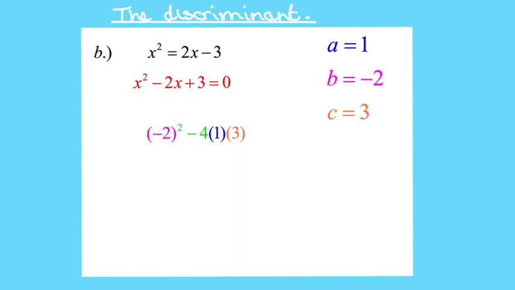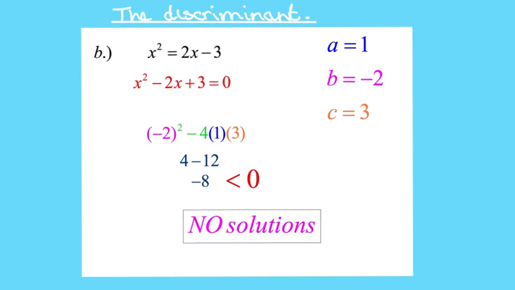So you get minus 2 squared minus 4 times 1 times 3, which is equal to 4 minus 12, which is equal to negative 8, which is less than 0. Therefore, there are no real solutions.